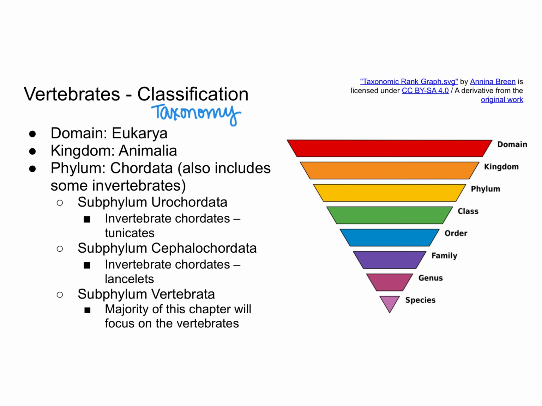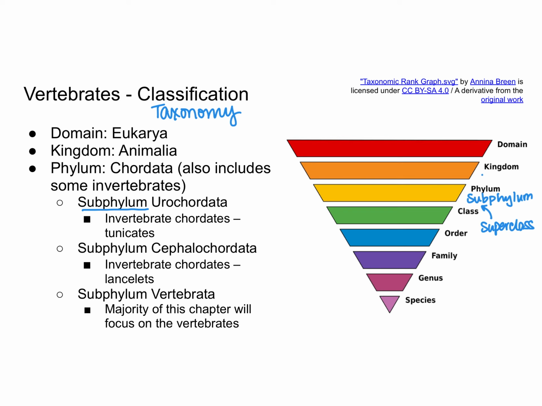Now you'll notice that here is a subphylum. So there are some organisms that have additional levels of classification. A subphylum would be here between the phylum and the class. You can also have a superclass that exists above the class level but below the subphylum level.